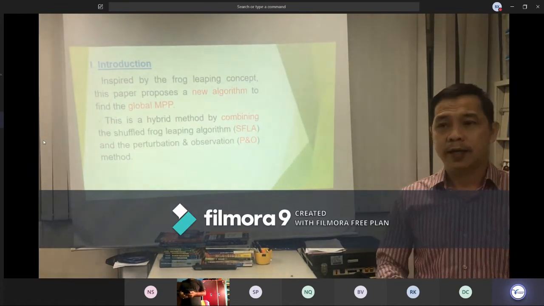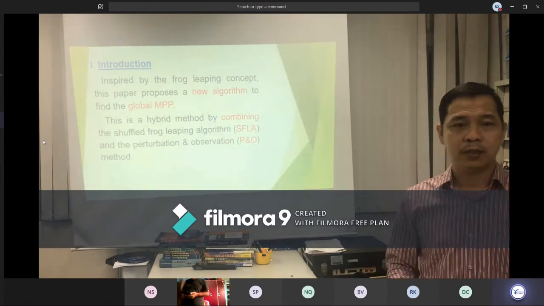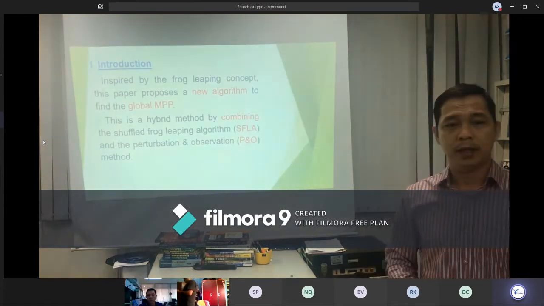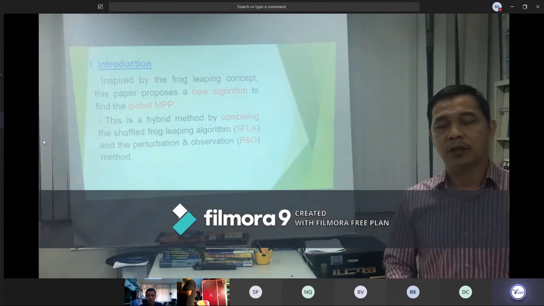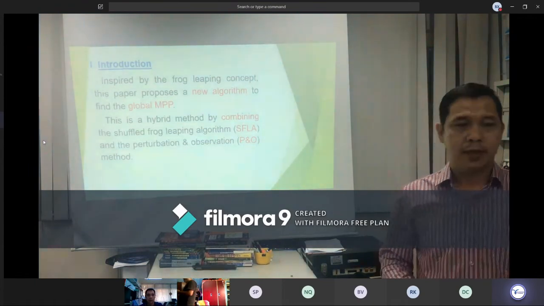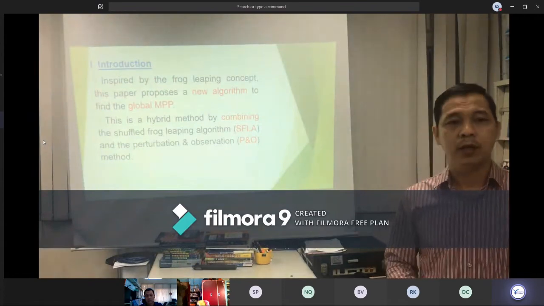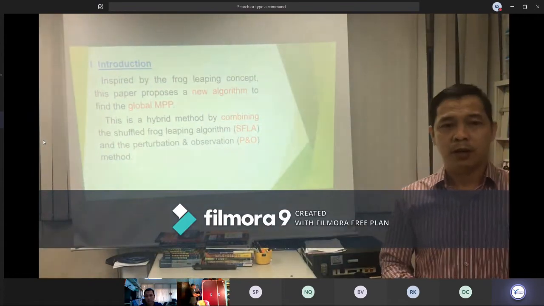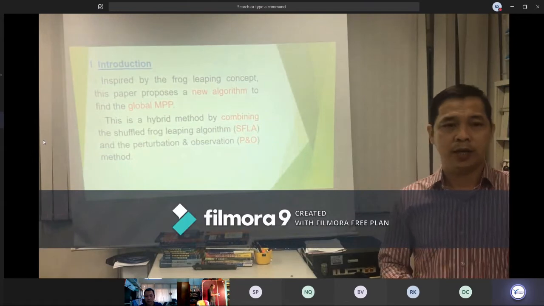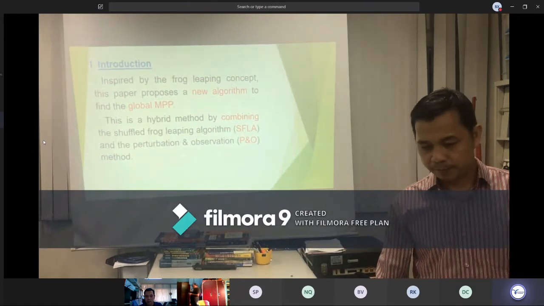The idea of this combined method is to use SFLA to find the global MPP region and then move to the P&O method to reduce the calculation around the MPP.